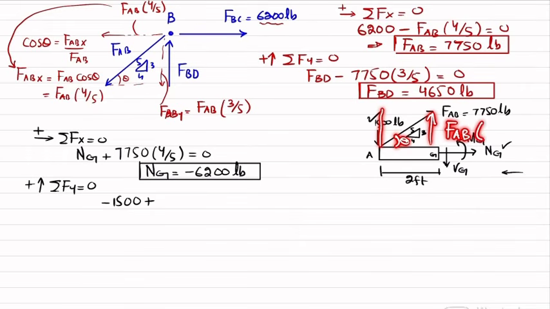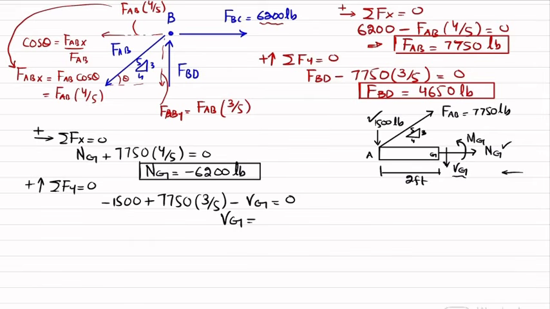Sine theta is 3 by 5, so I can write FAB multiplied by 3 over 5. FAB is again 7750 multiplied by 3 over 5, minus VG, which is acting downward, is equal to 0. From here you will get the shear force at point G as 3150 pounds.